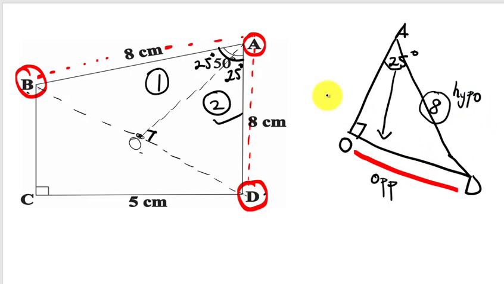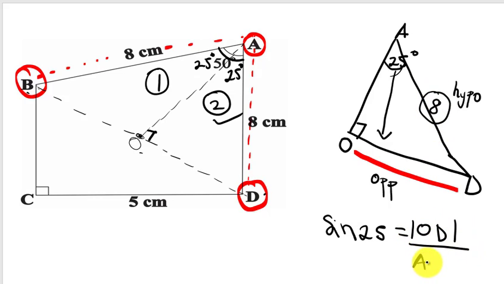So we are going to have our sine of the angle here, and the angle is 25. Therefore, sine 25 will be equal to the opposite. And our opposite in this case is what? Our OD. So sine 25 is equal to our OD, which is the opposite, over the hypotenuse. And the hypotenuse is what?